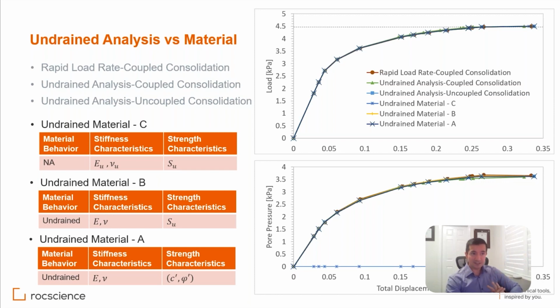In terms of stability, when we are dealing with undrained material, the solution is more stable. It can converge to the results better. And undrained material has more flexibility, so you can define which material is going to be undrained and which one is going to be drained. I will have that in the next example coming up. But when you're defining an undrained analysis, everything is going to be undrained. So if I'm going to pick one of them, because undrained materials have more flexibility, I will go with undrained material, and probably my pick would be A or B.